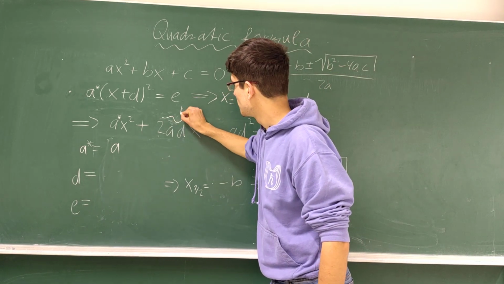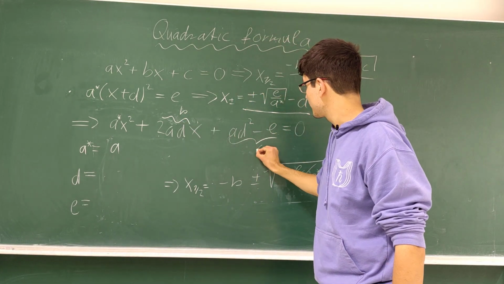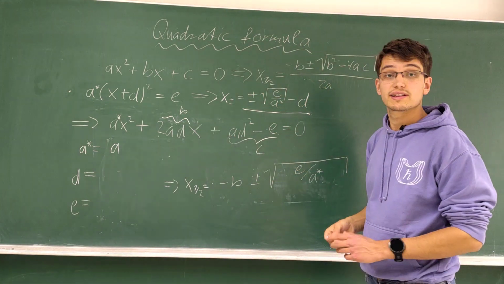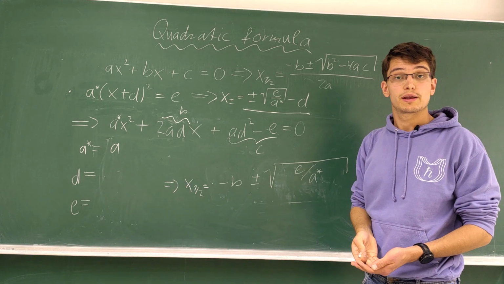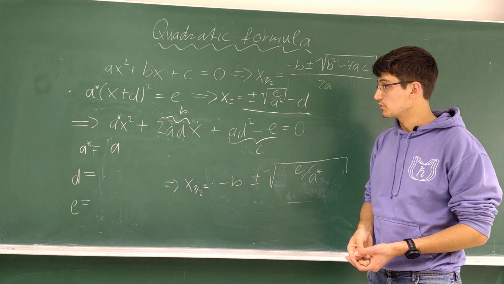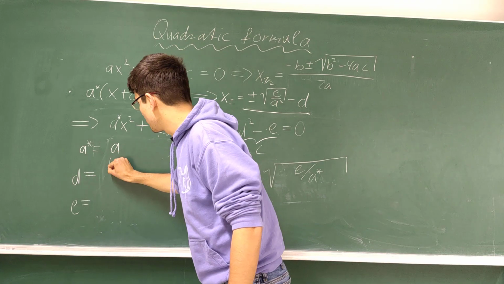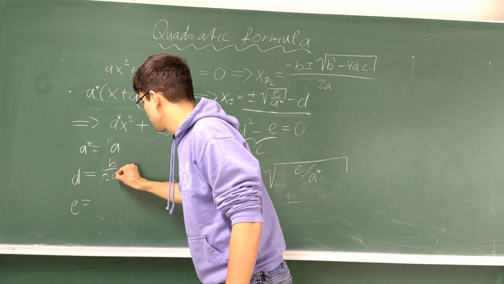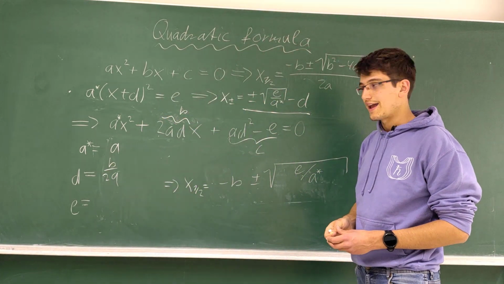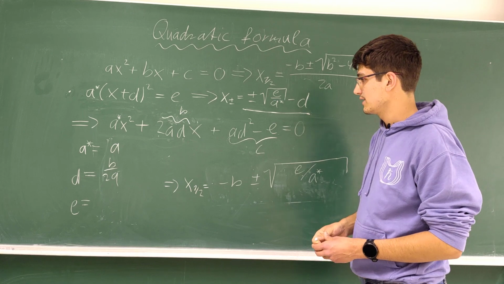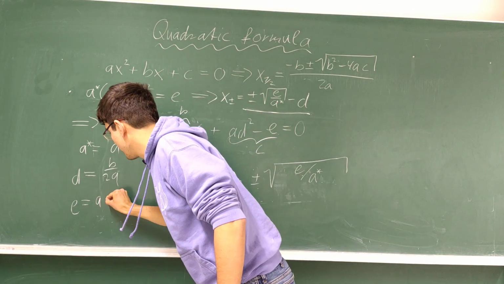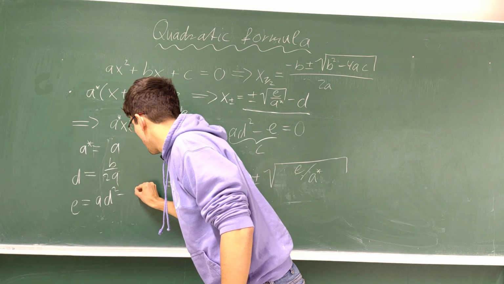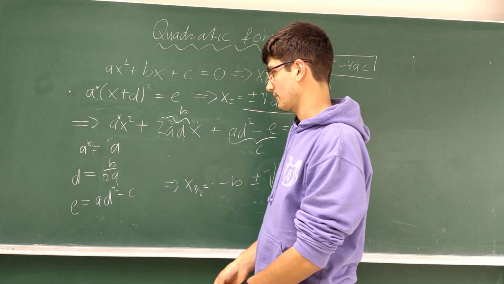So this one will be b, this will be c, and now our goal is to express d and e in terms of a, b, and c. So d is b over 2a, and e is a d squared minus c.